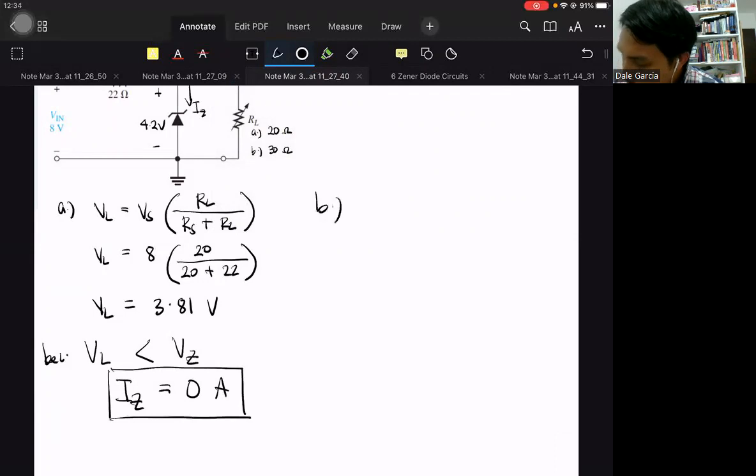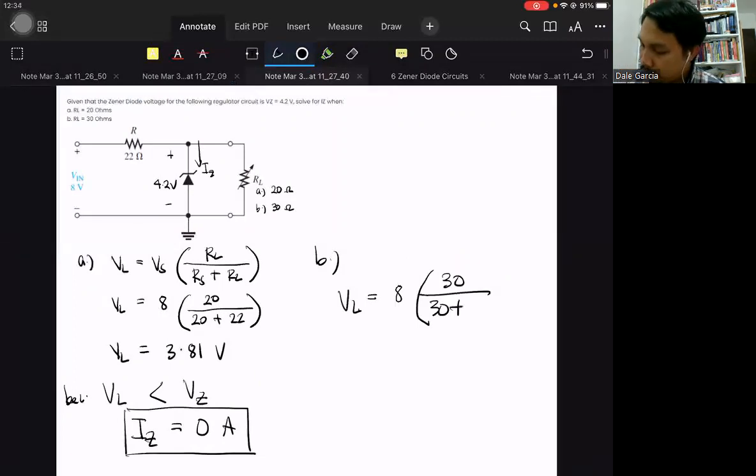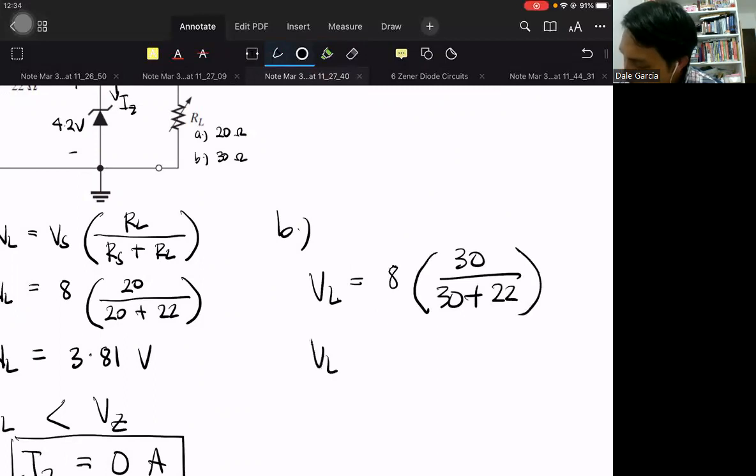For B, same formula. VL, 8, but this time 30 na itong load. 30 over 30 plus 22. 4.62 volts.